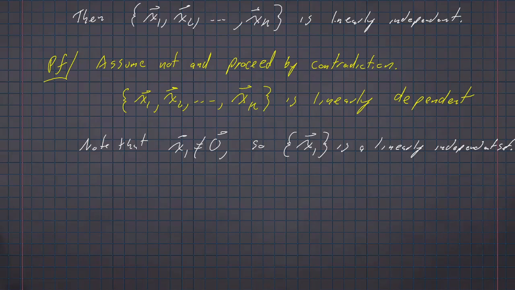But we know that x1 is not the zero vector, because x1 is the eigenvector corresponding to eigenvalue lambda 1, and eigenvectors are never the zero vector. The zero vector is not an eigenvector, even though it satisfies the eigenvalue problem, because that just makes eigenvalues actually useful. So we have a linearly independent subset of a linearly dependent set.